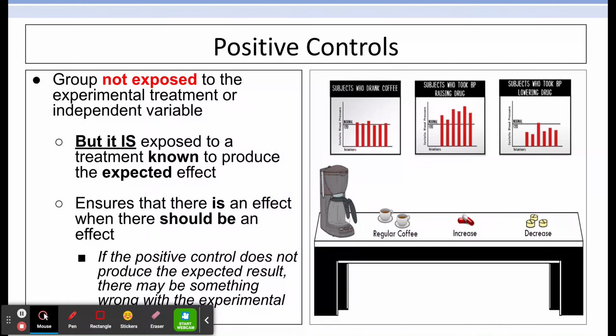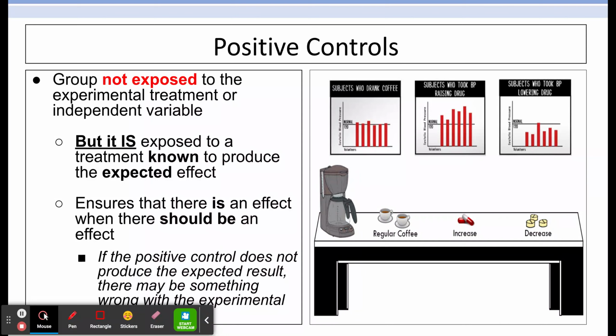So for example, the setup we're seeing in this picture is coffee and its effect on blood pressure. So the hypothesis is people that drink coffee will have an increase in blood pressure.